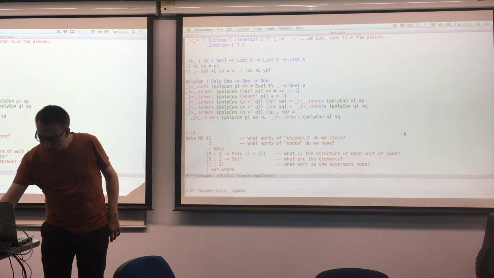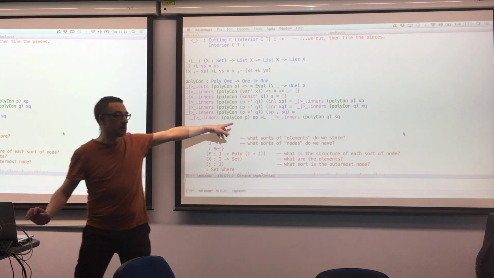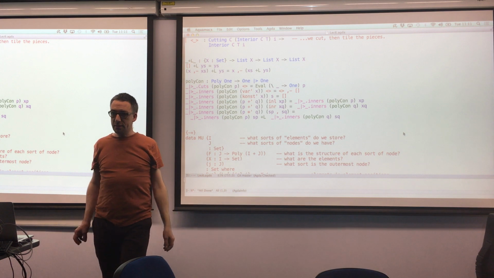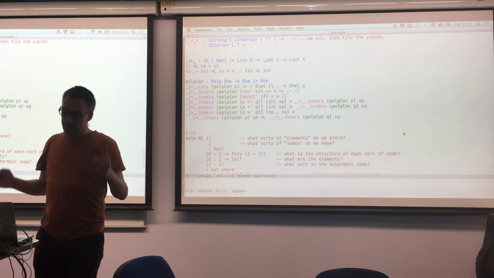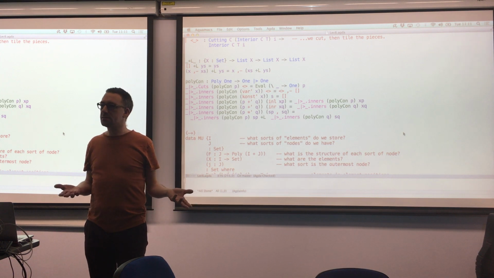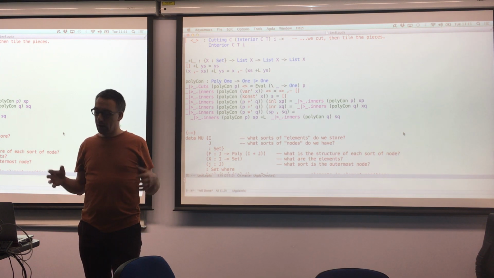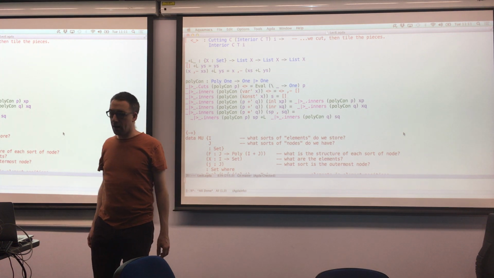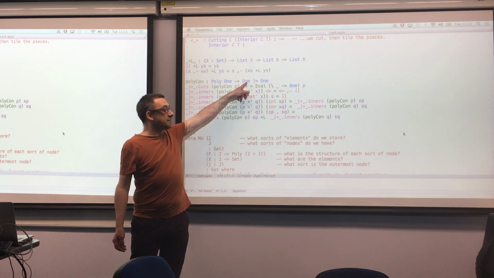These lists that we're building here are just lists of the variables. We're saying, you have these choices of how to build a node, and depending on which choice you make, you have a list of elements of 1.